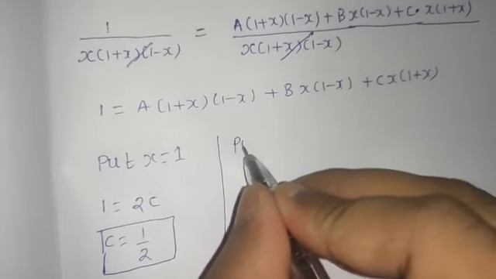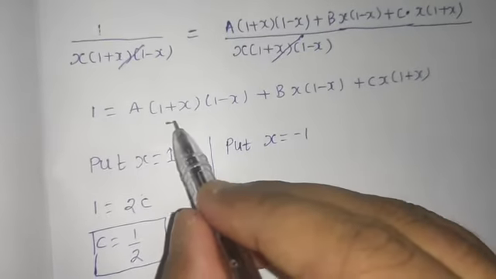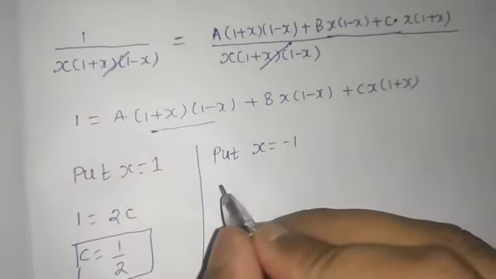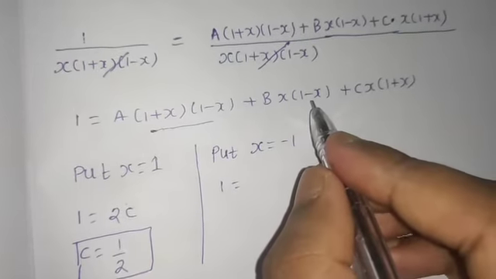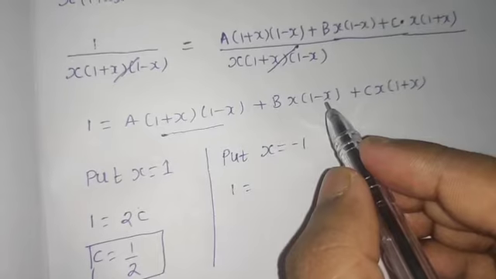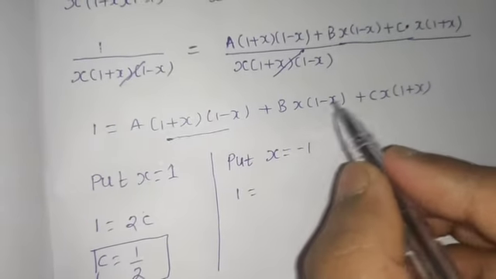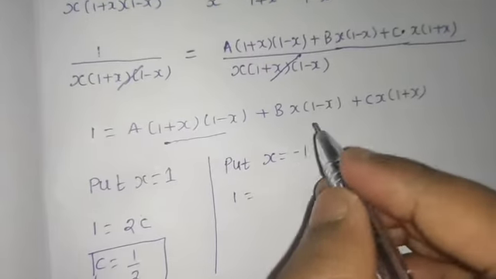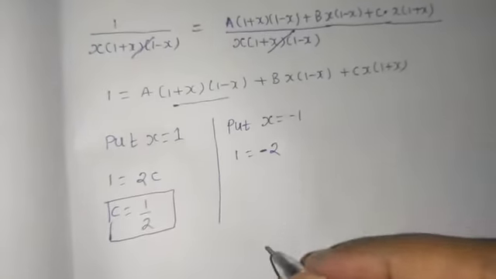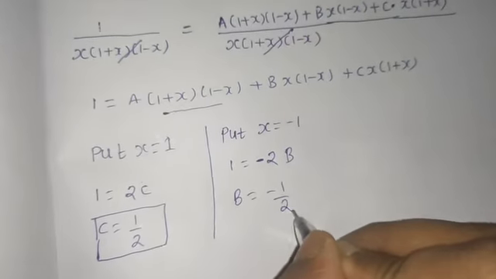Now if you put x as minus 1, this becomes 0 and the third one becomes 0. So 1 equals, if you are putting x as minus 1, minus minus plus, so 1 plus 1 is 2, 2 into minus 1 is minus 2, so minus 2 times B. So B you are getting as minus half.